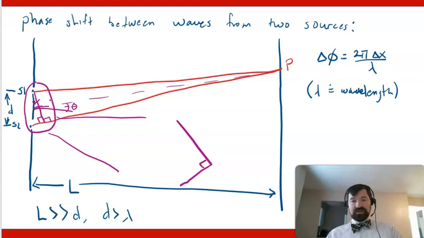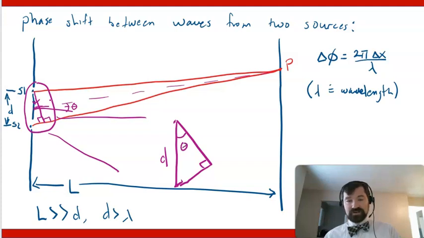So this is my right angle. This is the location of slit 1. This is the location of slit 2. So this side right here, the distance between the two slits, is the hypotenuse. It's the one that's across from the right angle. This angle right here is angle theta.